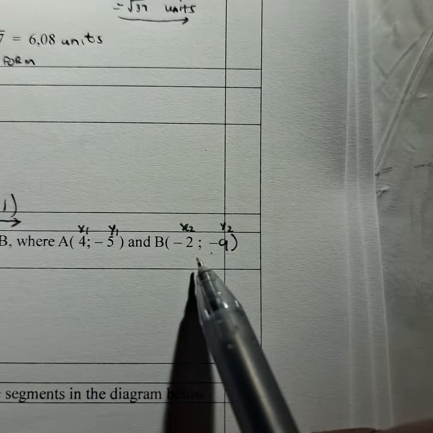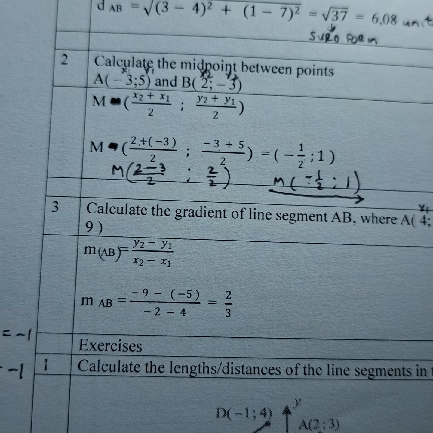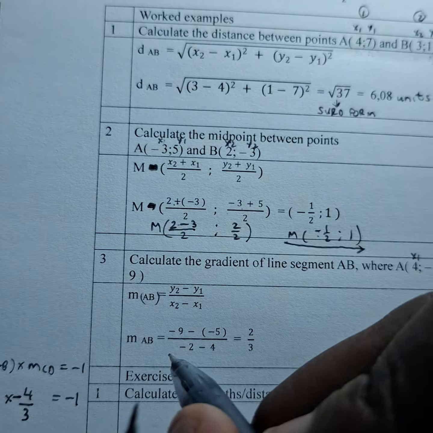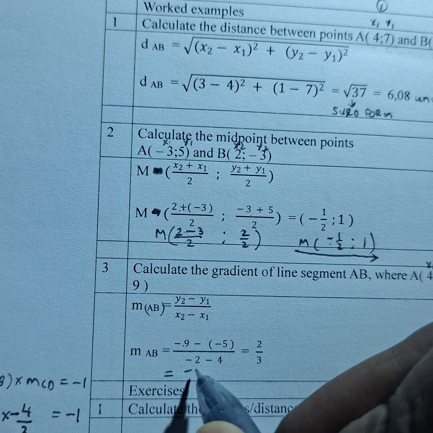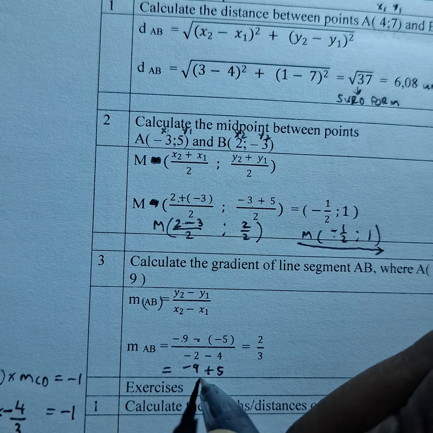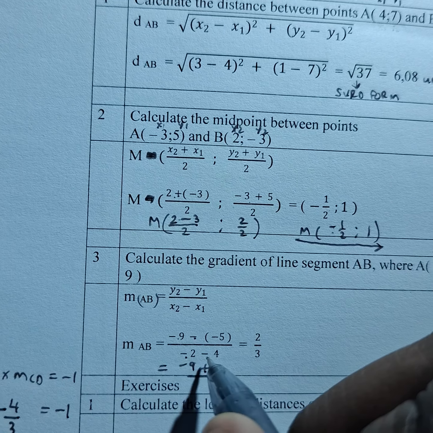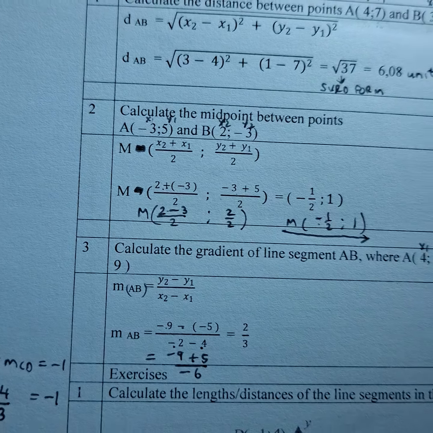What's x1? Positive 4. Since the signs following each other are different, a negative times a positive will ultimately give you a negative. Now, please take note here in our numerator, negative 5. What's negative times a negative? It's positive 5. Over what? Negative 2 minus 4 gives you negative 6.